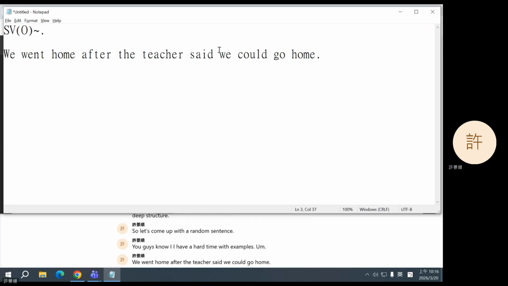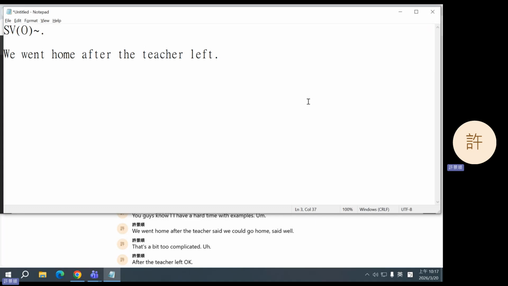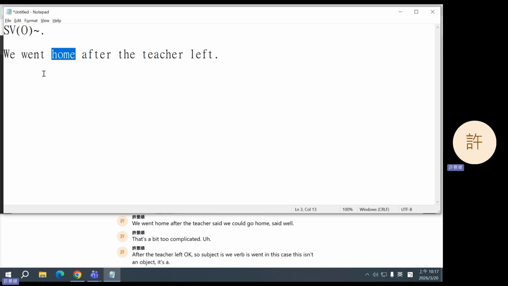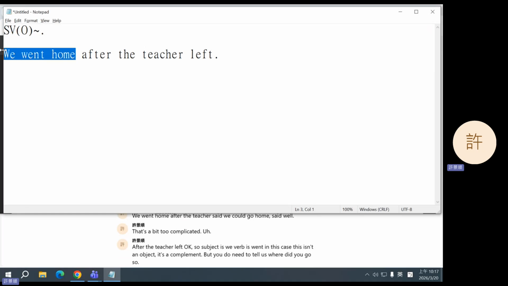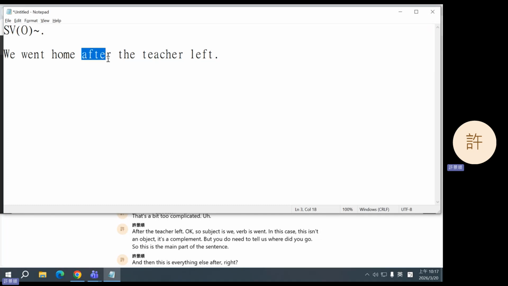Well, that's a bit too complicated. We went home after the teacher left. Okay, so subject is we, verb is went. In this case, this isn't an object, it's a complement, but you do need to tell us where did you go. So this is the main part of the sentence. And then this is everything else. After, right? It tells you the time that this thing happened.